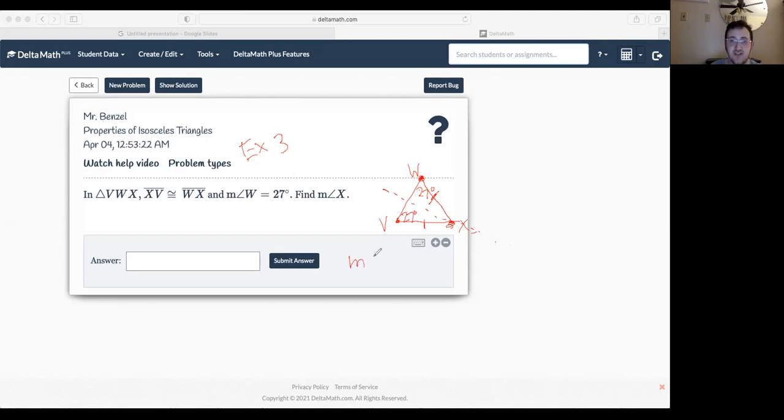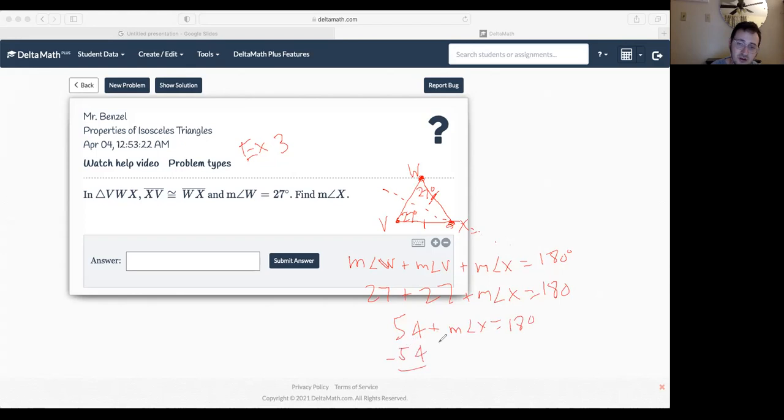So I'm going to write that the measure of angle W plus the measure of angle V plus the measure of angle X equals 180. I have 27 for W and V, and I don't know what X is yet. So I got 54 plus the measure of angle X equals 180. I like keeping it in that correct notation.